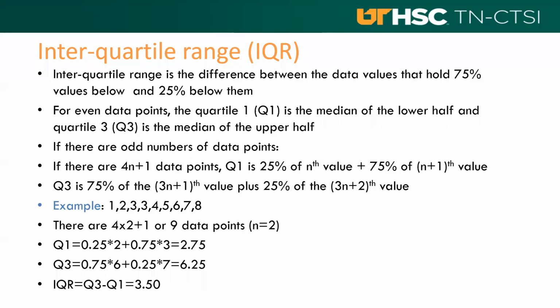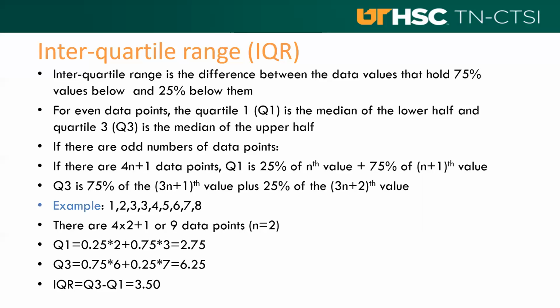The interquartile range is usually used with the median. It's reported when the data is on an ordinal scale or for non-normally distributed data. And it is the difference between the data value that has 75% of values below it and the one that has 25% below it.